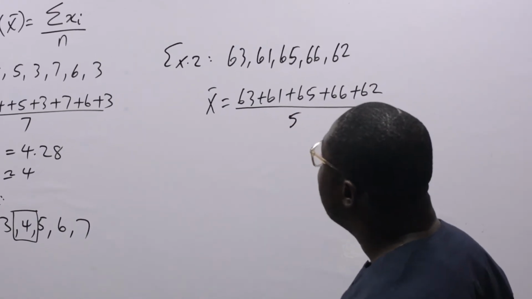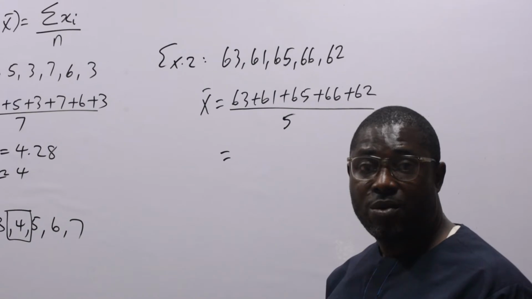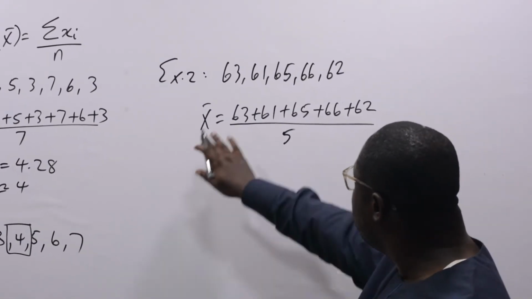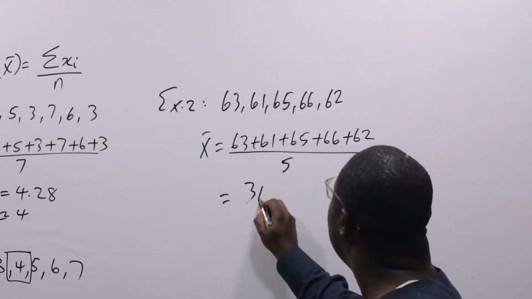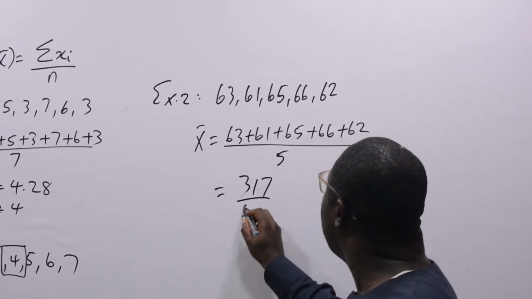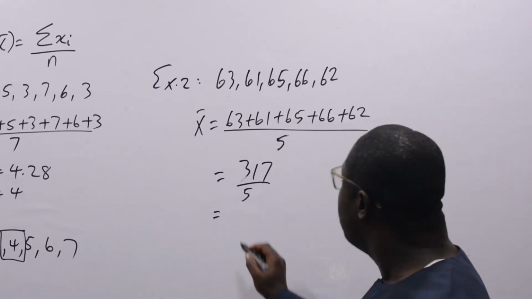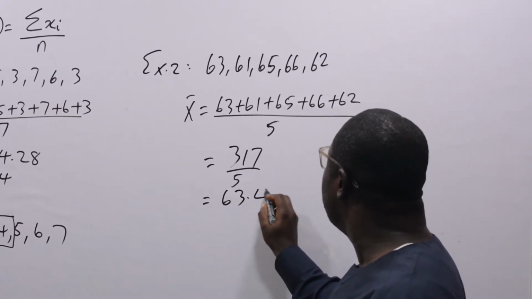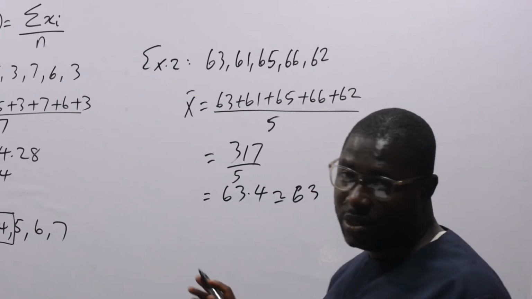Divided by 5. Can you do this with me wherever you are? Add these values up, and you should have 317 divided by 5. Our answer is 63.4, approximately 63.